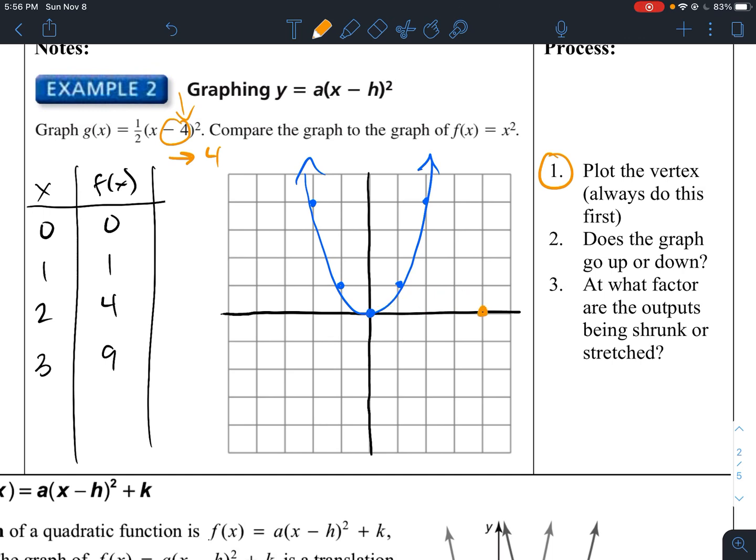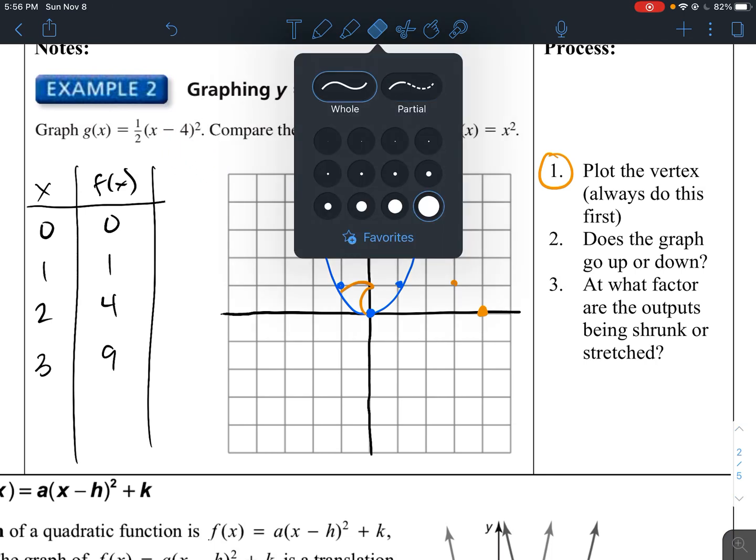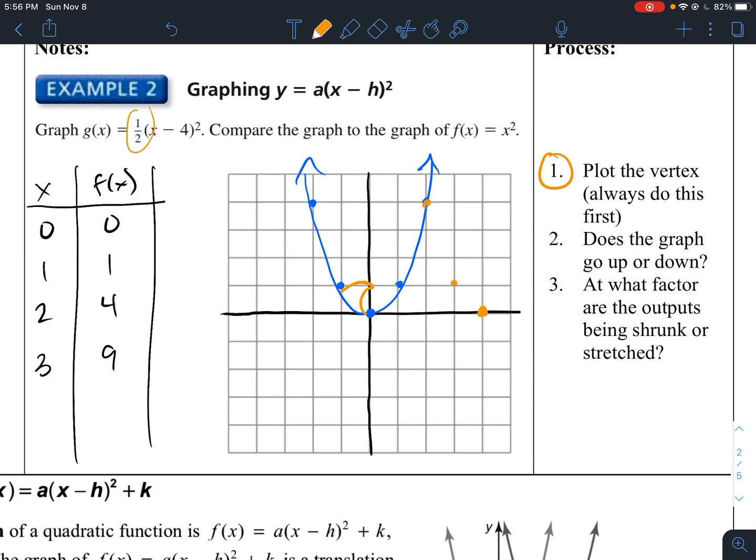So our vertex will be right here. Now, again, usually we'd go up 1 over 1, like that, and then up 4 and over 2, so we'd be right there, but we're shrinking the graph as well by 1/2.